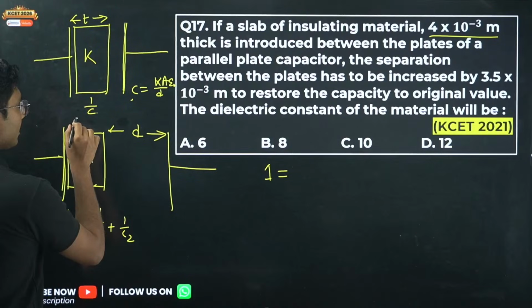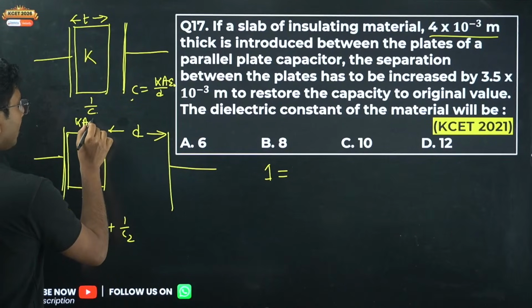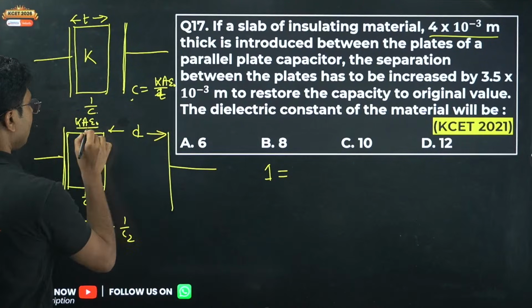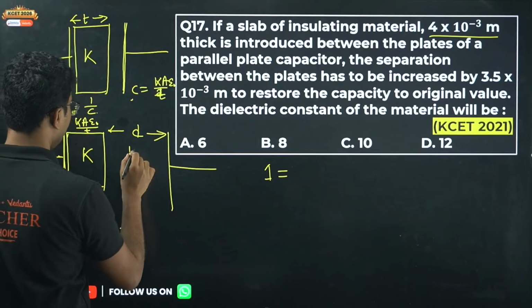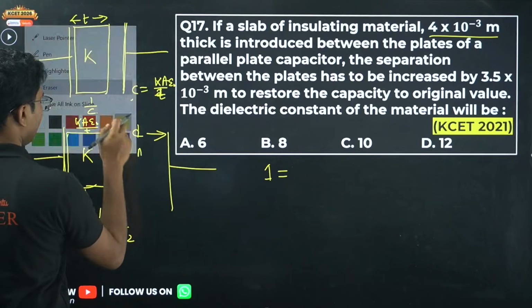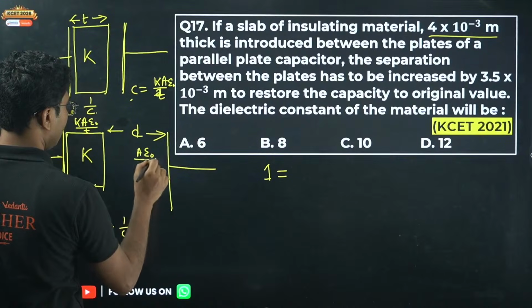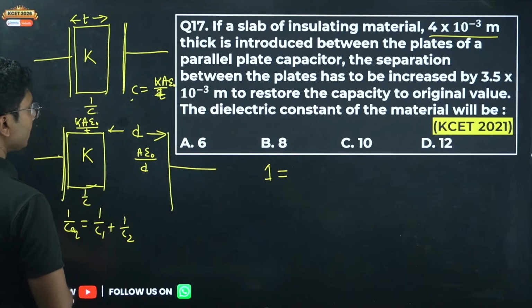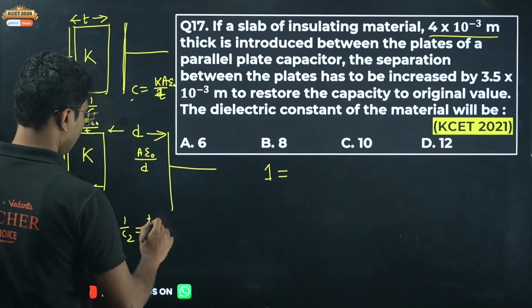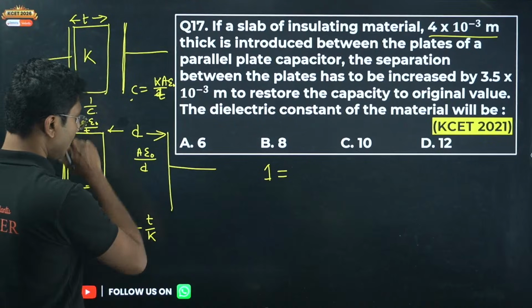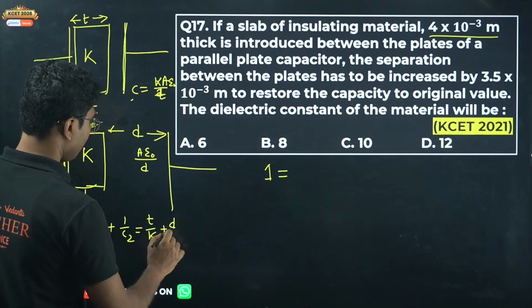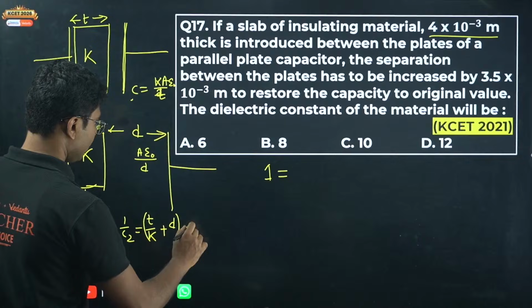This one is K A epsilon naught by T, and this one is A epsilon naught by D. It will be T by K plus D, so T by K plus D equals T.